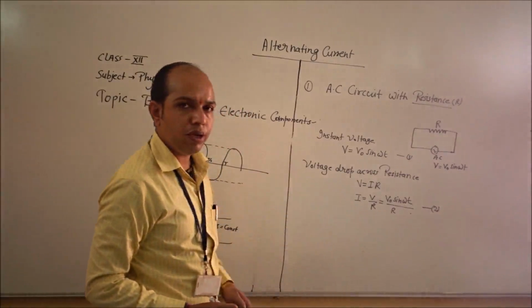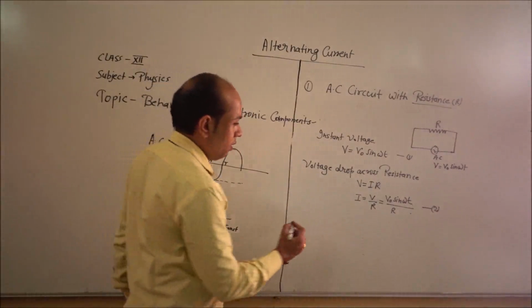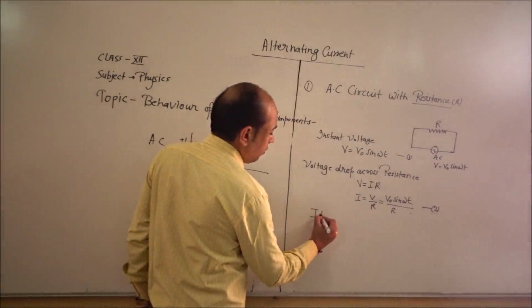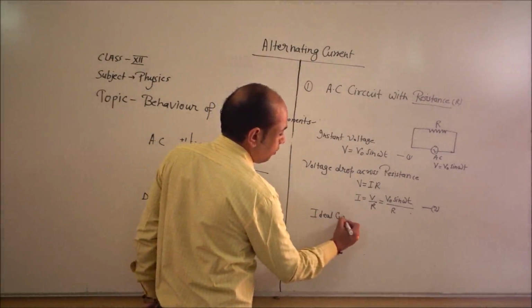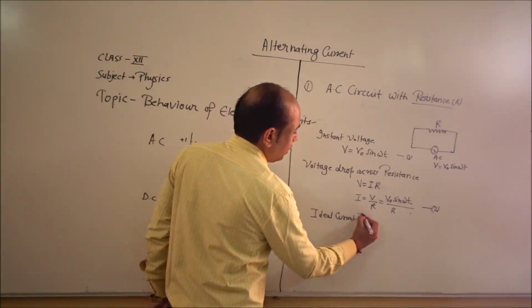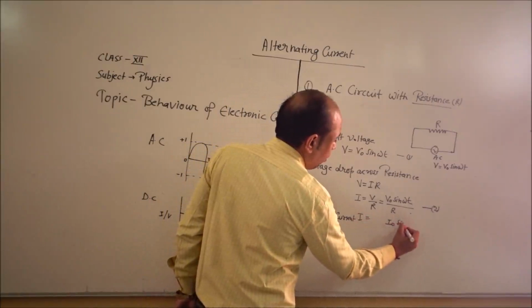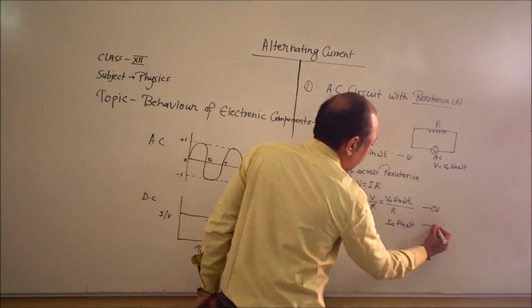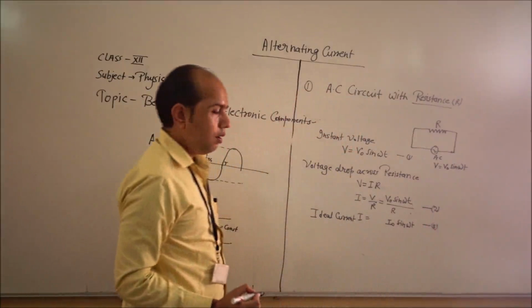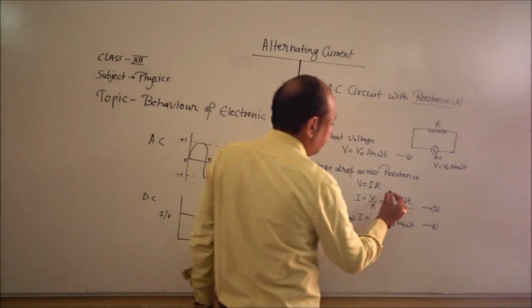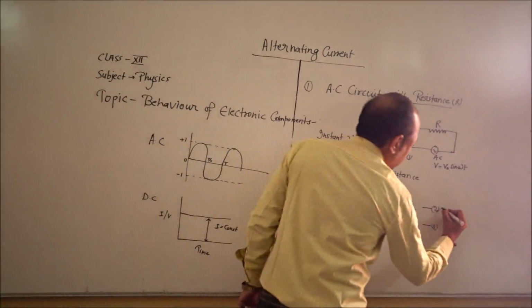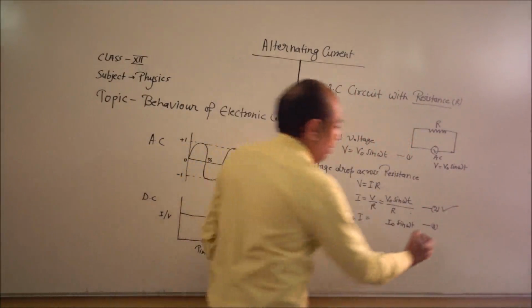Now this current is compared with the ideal value of current. So the ideal current I is equal to I naught sin of omega t, equation number 3. Now we compare the current through the resistance and the ideal current.